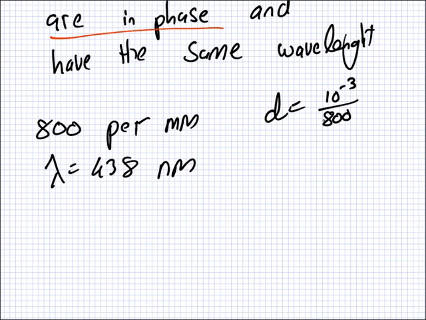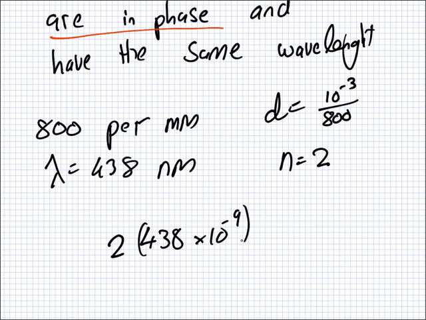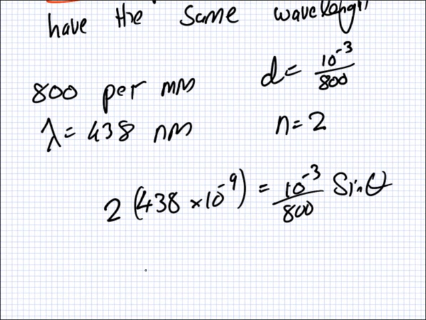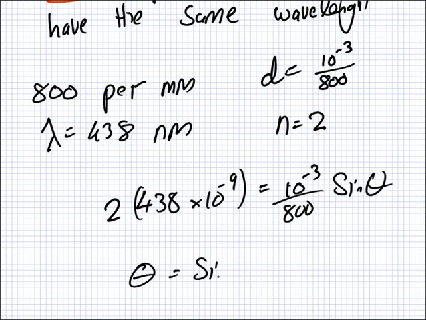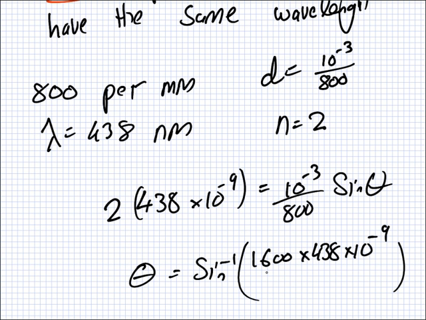Determine the angle of diffraction for the second order spectral line. n is 2. Okay, so that's n lambda equals d sine theta. And then we just calculate theta. So theta would be sine inverse of 1600 times 438 times 10 to the minus 9 over 10 to the minus 3.